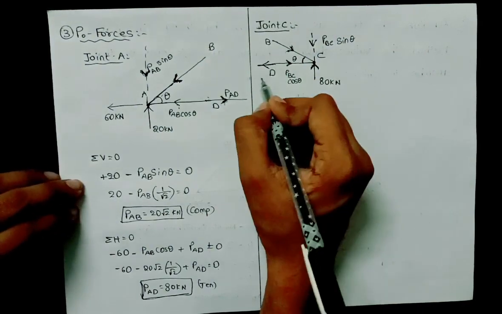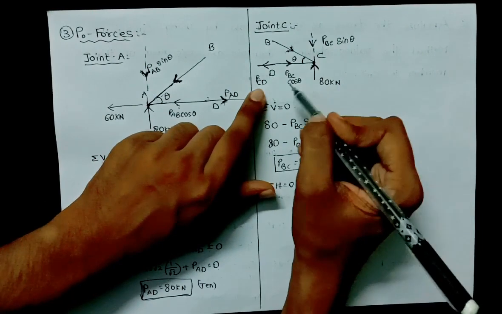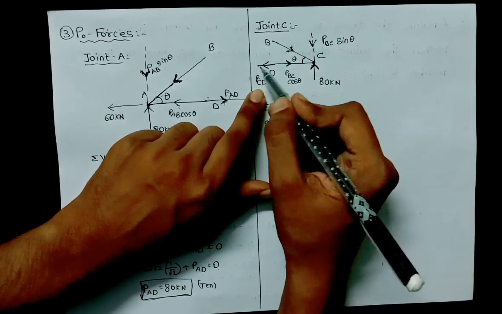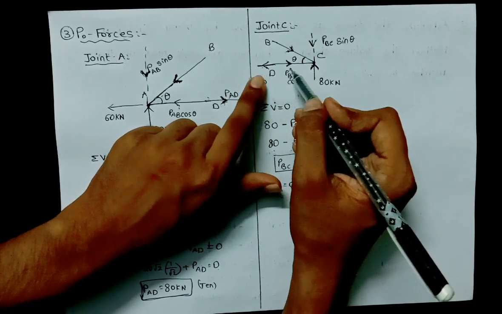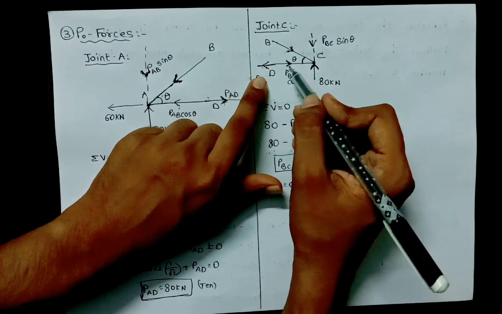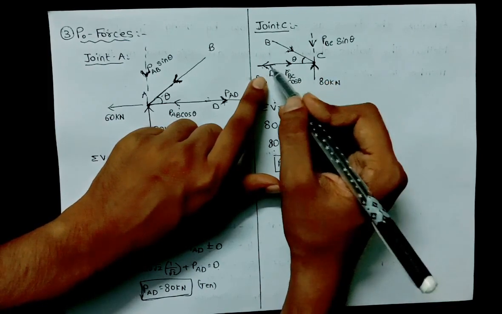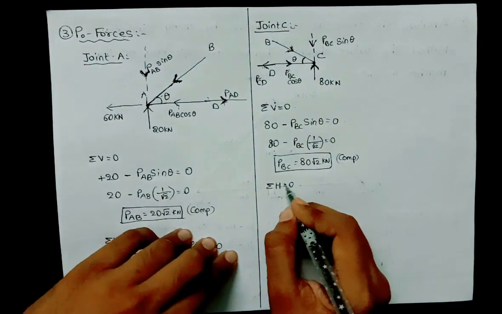So this is PCD, this is PBC. Please note that this arrow is for PCD, this arrow is for PBC. You cannot compare these two arrows and say that the member is in compression. This is for the member CD. The both arrows are different.